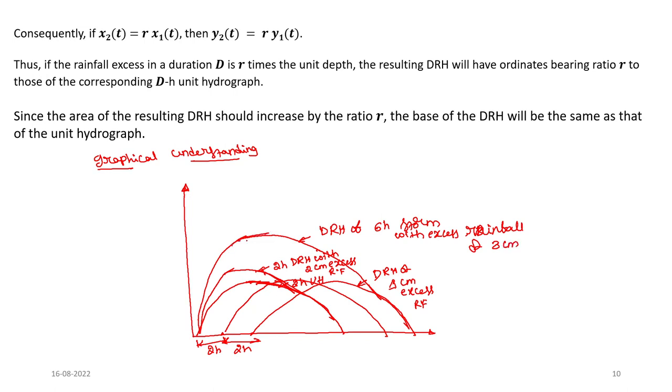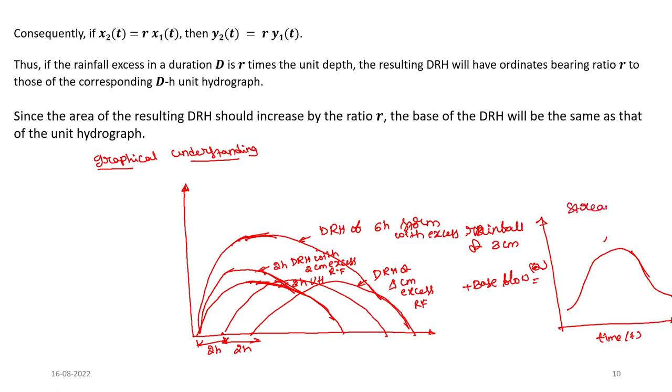Now this is the DRH, so we will add base flow to it. Sorry, there is no space here. This is time, this is Q. So this will give the stream flow hydrograph.